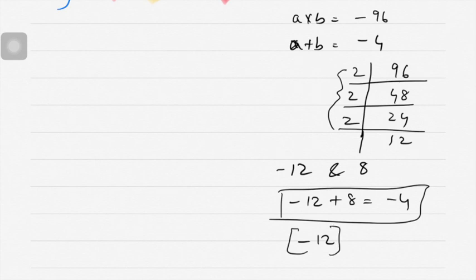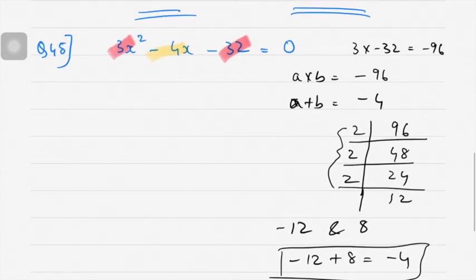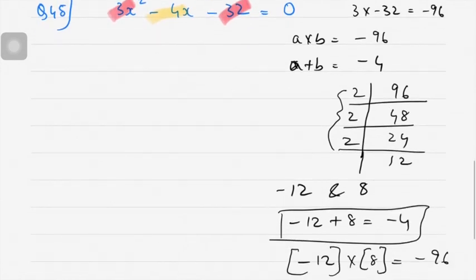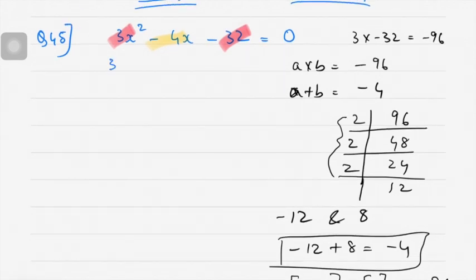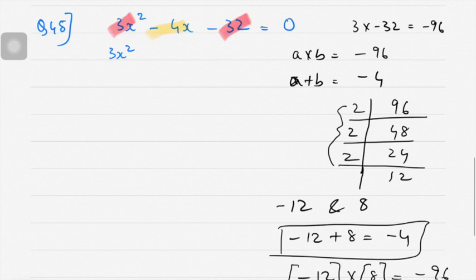So my factors are minus 12 and 8. When you multiply minus 12 into 8, the answer will be minus 96, correct? So I have found my numbers. After finding our factors, we can solve this.